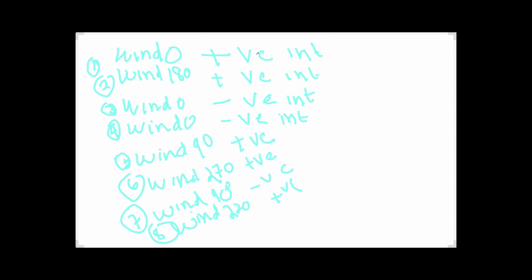That is why we have considered the positive interior pressure in the first group, then negative interior pressure in the first group, and so on. This will help us when we have already assigned the load in STAAD Pro. We can click on each of these loads to check whether wind 180 degree is opposite to wind 0 degree positive.